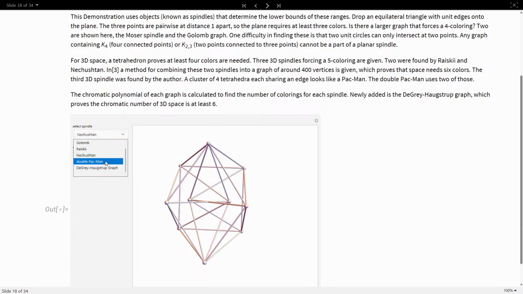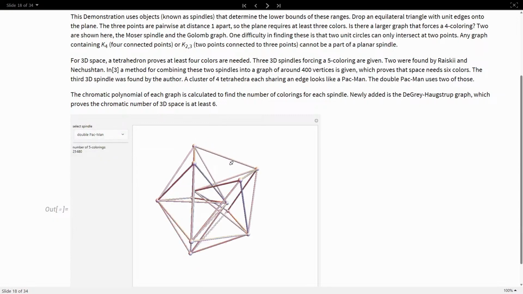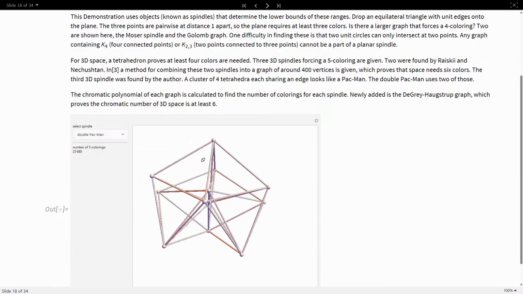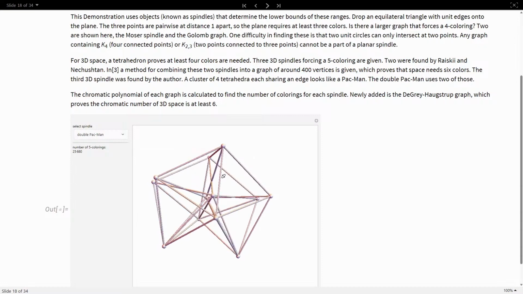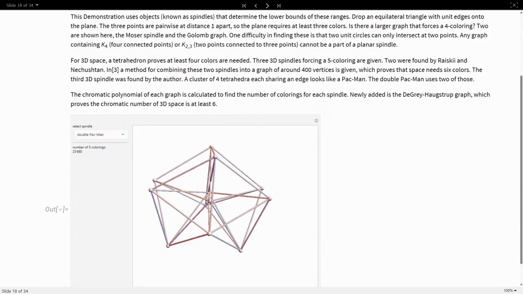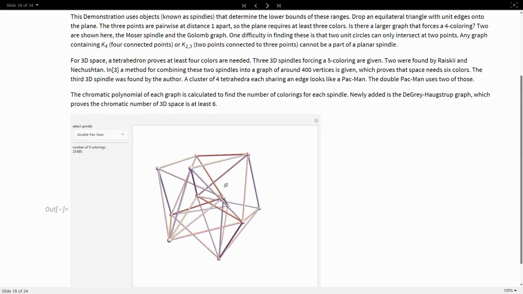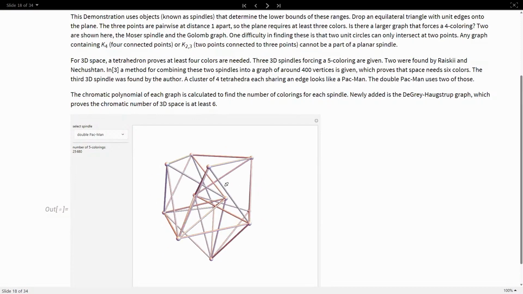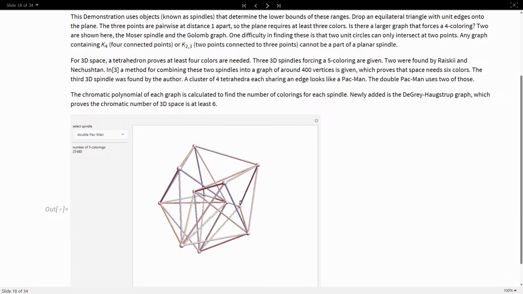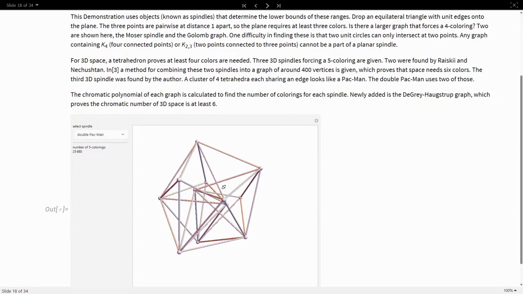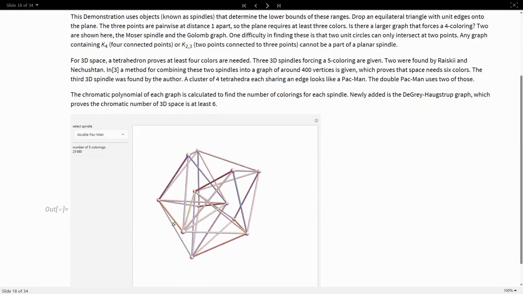And another is what I call the double Pac-Man. It's not clear to see, but basically if you take four tetrahedra and glue them together in a sort of a circle, you can get maybe this one here.